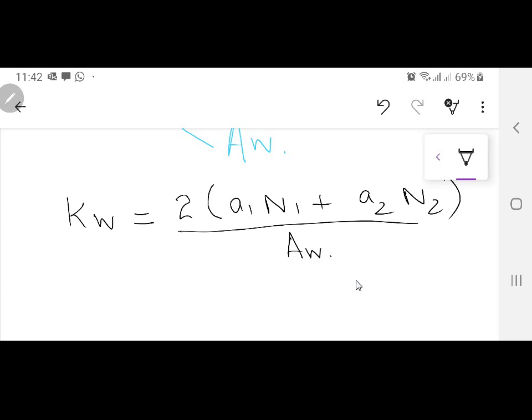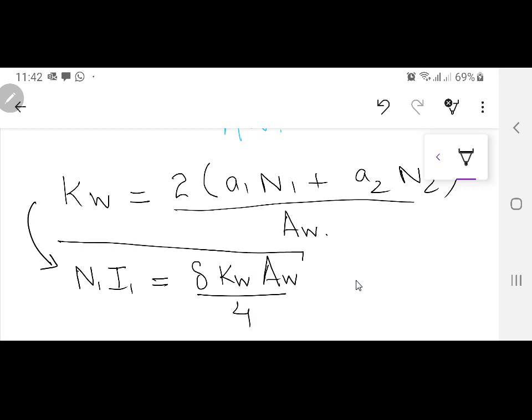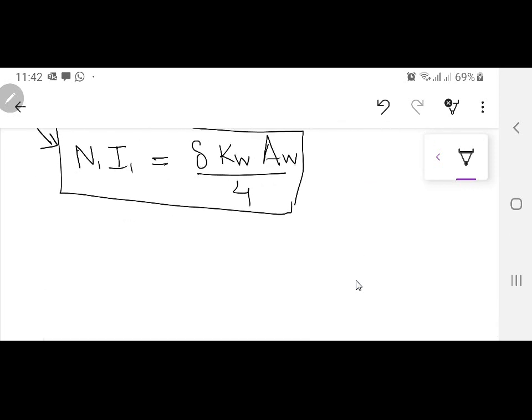So when you are going to calculate this KW, this is going to be 2 times divided by your window area. And now this time when you are going to have this N1 I1, I am just skipping the steps and going straight to N1 I1. This N1 I1 is equal to delta KW AW divided by 4. And if I go back to the formula, that is S, now this is a three phase transformer.